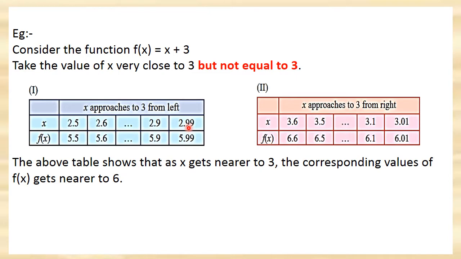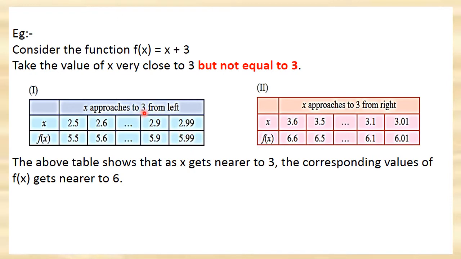Again we have infinitely many decimal places before 3. The corresponding f of x value, by substituting 2.5 in this function, is 2.5 plus 3, which is 5.5. Similarly, the corresponding f of x values are 5.6, 5.9, 5.99, etc.